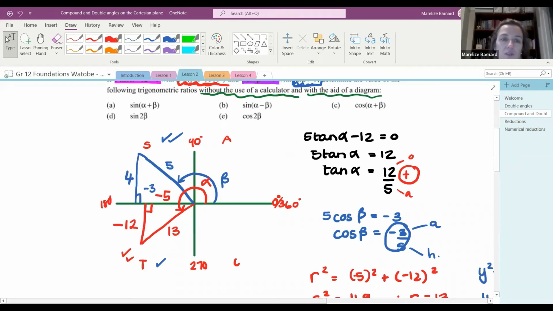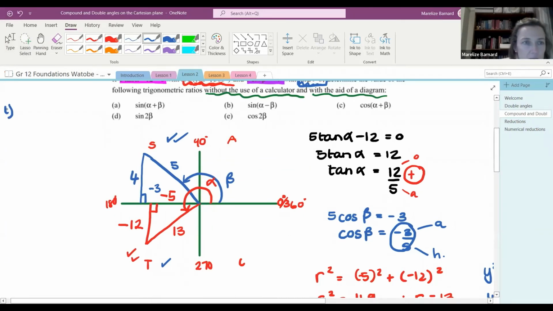So sine of alpha plus beta. Let me just rearrange things on my screen a little bit to make some space. I'm going to do it on the side here. Sine of alpha plus beta.